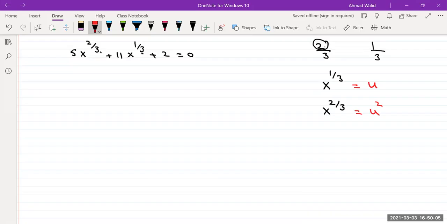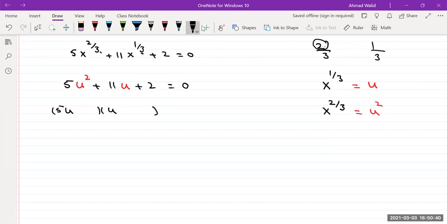Rewrite the problem. Then you can write 5u squared plus 11u plus 2 equals 0. Can we factor? Of course, here 5u and u.